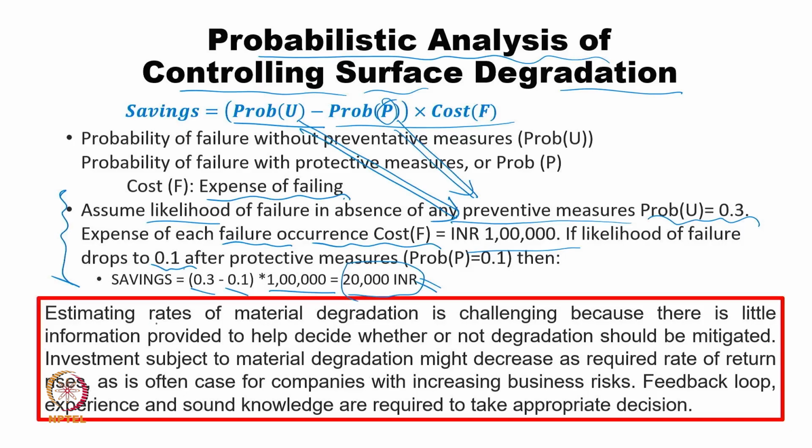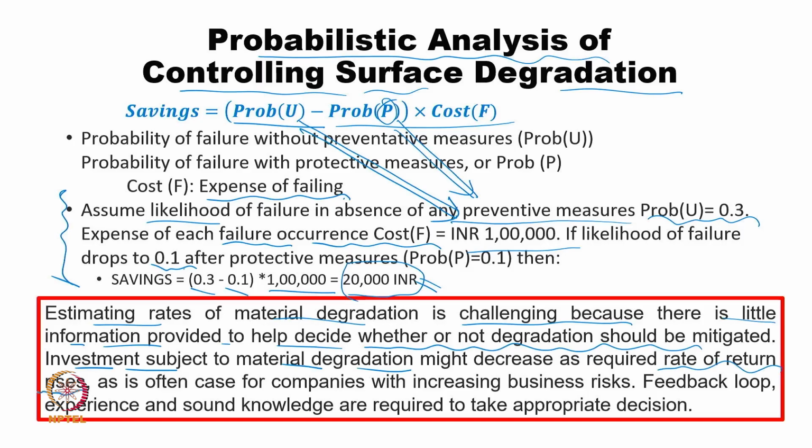However, we are saying here that estimating the rate of material degradation is challenging because there is little information provided to help decide whether we should take these measures or not. People may not have that kind of interest in investing in material degradation if the expected rate of return is on the higher side.